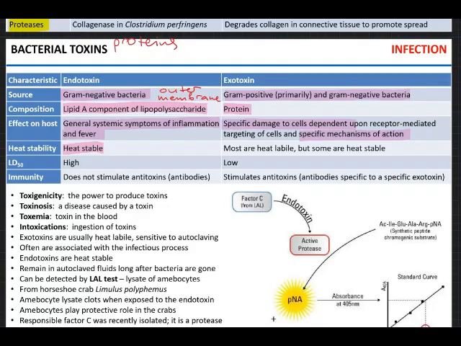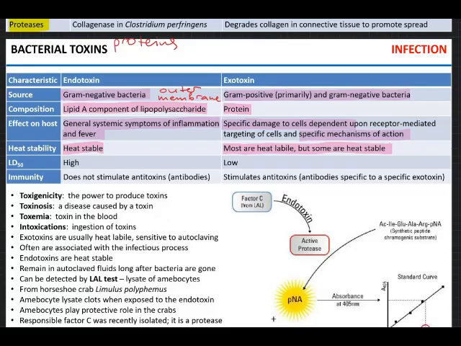The only problem is that endotoxin, which is heat stable, will be released from dead bacterial cells, and when you inject this solution into a patient, it will produce the response to endotoxin, although there are no bacteria left. Now, exotoxins, most are heat labile, which means that they will be inactivated by the heat.